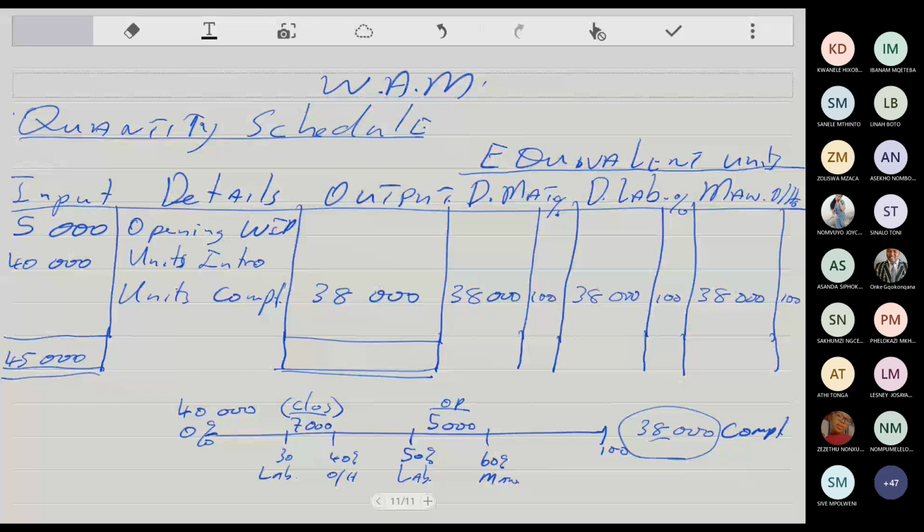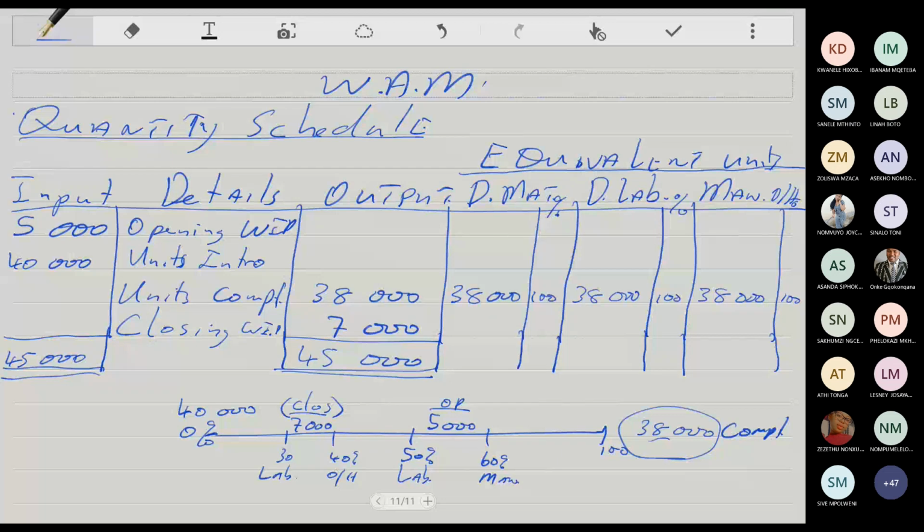We've already calculated it, but if you didn't do the production line, because you know that your total in the output must be 45,000 again, you will simply say, let me take my 45,000, which is the total, and minus the 38,000. It is going to take you again to the 7,000 units, which is your closing work in process. In material, because the statement said that the material was added at the beginning, if you look at the two percentages here, there is no material.